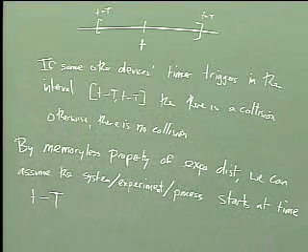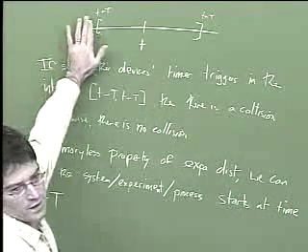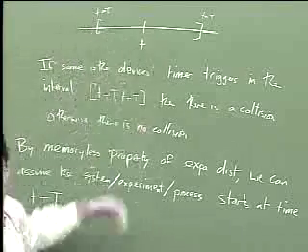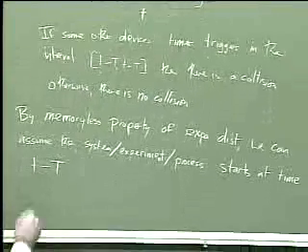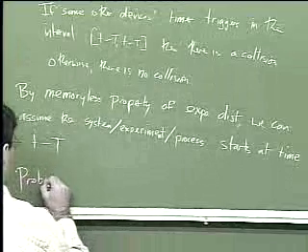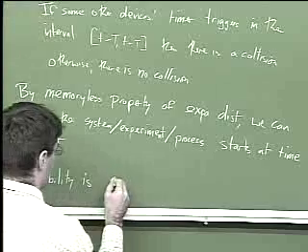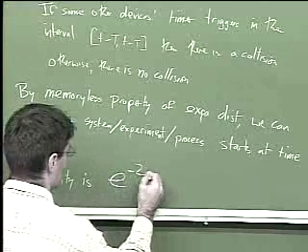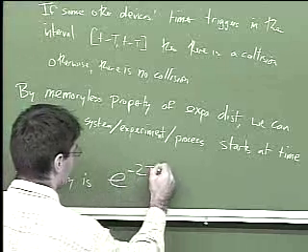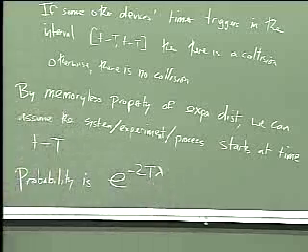By the memoryless property, we don't care what happens before this point in time, and at that point in time now we care. Right? So the probability is e to the minus 2T lambda.